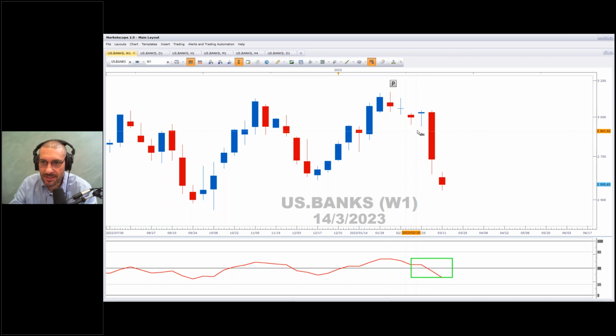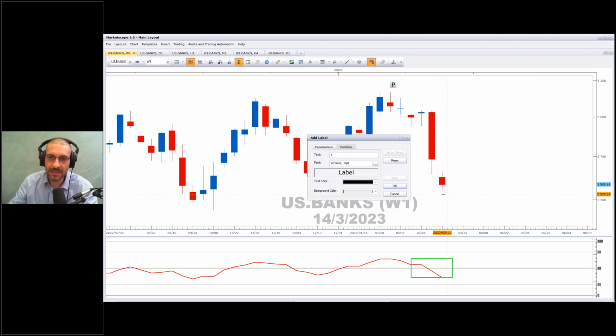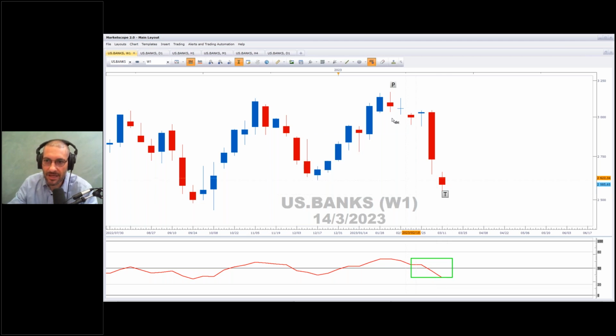Let's just see if this is a trough. The low is 2947.80, the low here is 2937. Okay, no, that's okay. So we've got a peak and we've got a trough. So we don't have a downtrend yet in the US banks, but we don't have an uptrend anymore, and that is completely noteworthy.